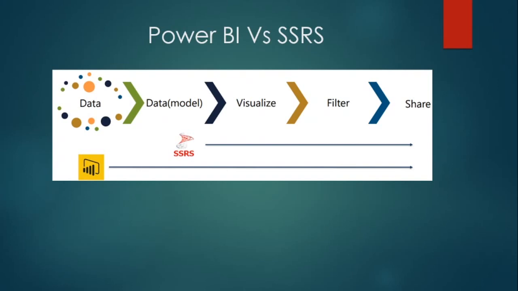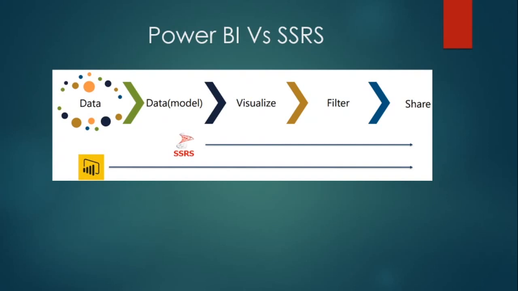One more difference between Power BI and SSRS is this. Once you connect your data in SSRS to visualize reports and charts and do the reporting, you cannot do data modeling in SSRS, but you can visualize data. You can also apply filters and share your reports with someone.